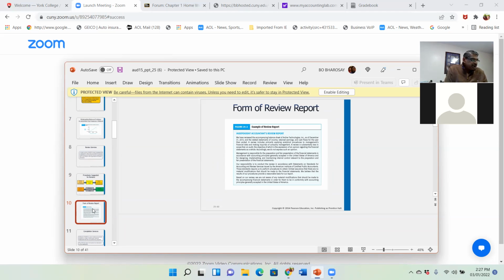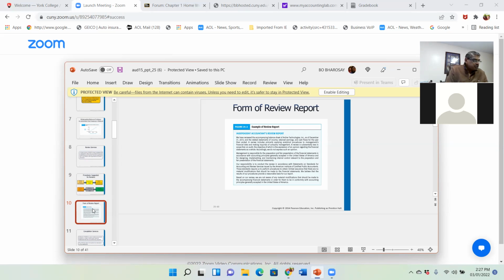We have reviewed the accompanying financial statements of Archer Technologies, Inc., which comprise the balance sheet as of December 31st, 2016, and the related statements of income, changes in stockholder equity, and cash flows for the year then ended, and the related notes to the financial statements.